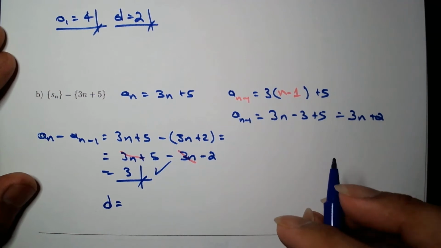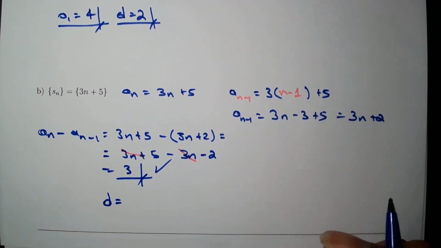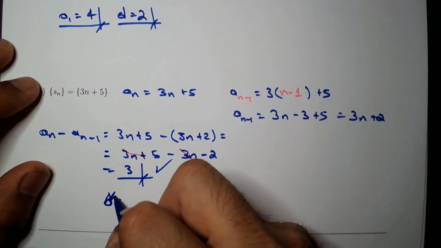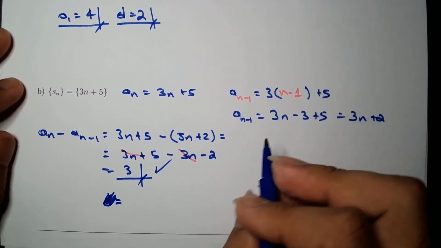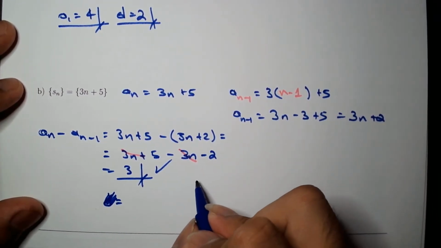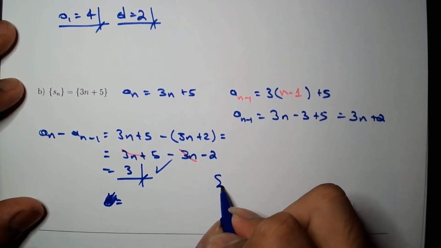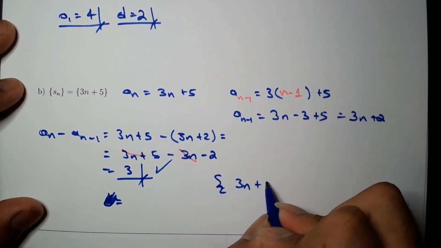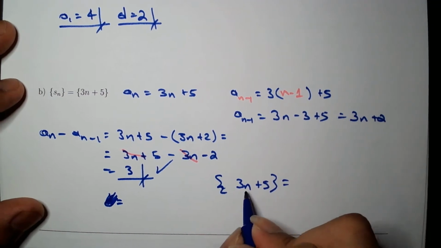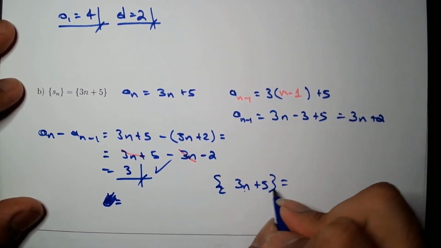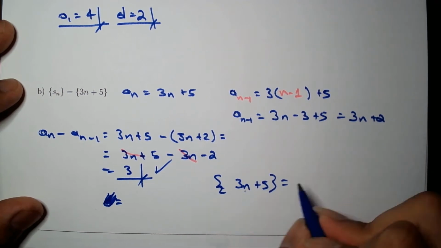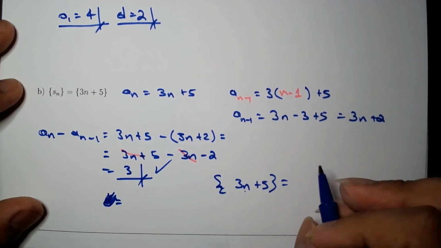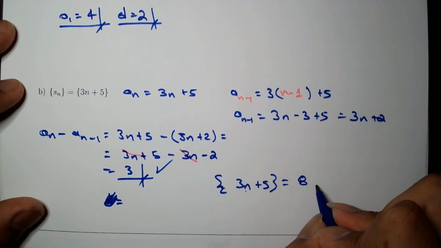Let's first expand this with some elements of the sequence. 3 times 1 is 3, plus 5, that's 8.